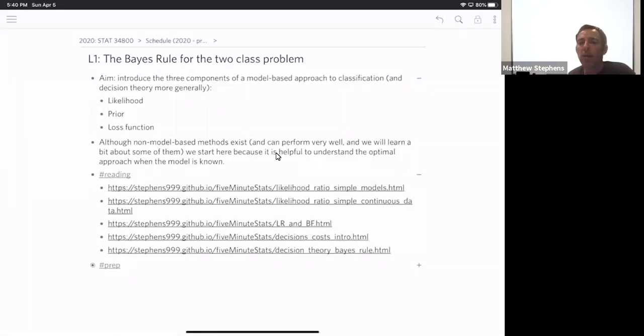Okay, so we've spent some time on each of the component parts of a decision problem, particularly the two-class problem.